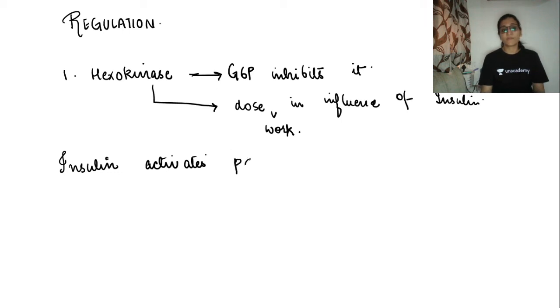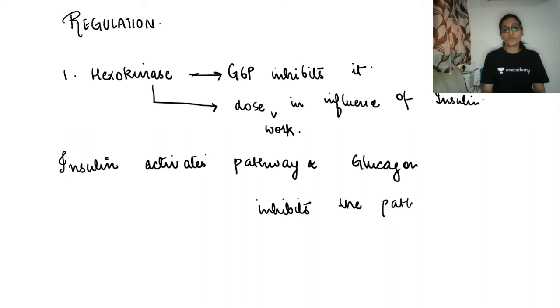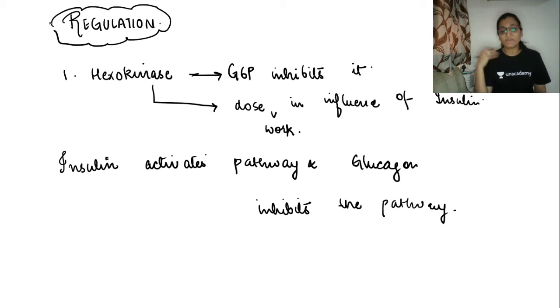Insulin activates the pathway, and glucagon, the opposite, inhibits the pathway. The two hormones responsible for maintaining the blood sugar level: insulin will decrease the blood glucose level. But how?